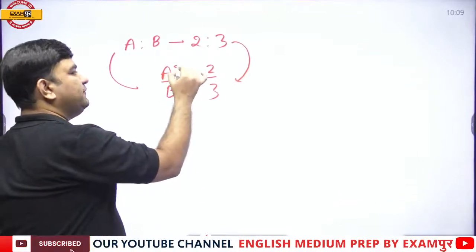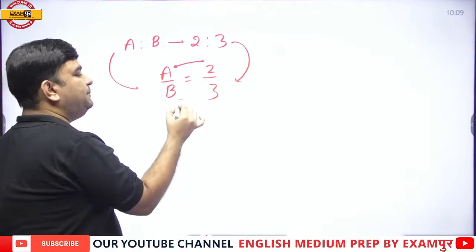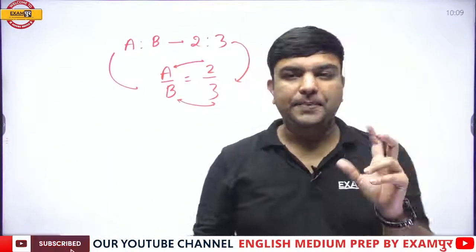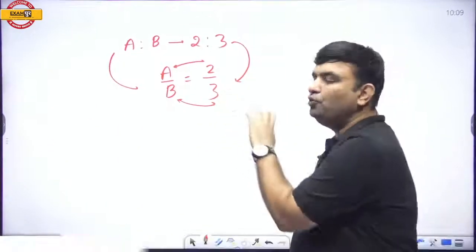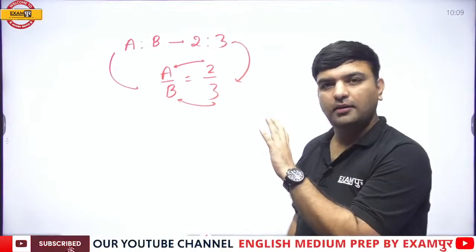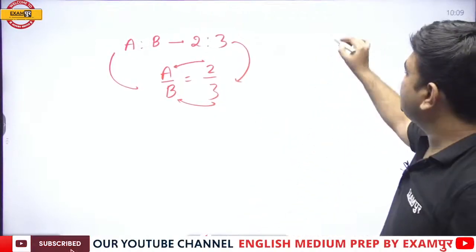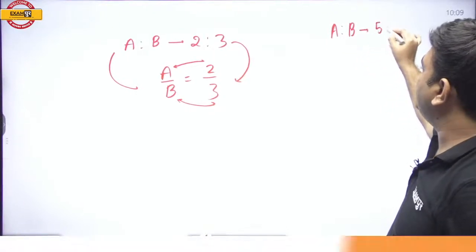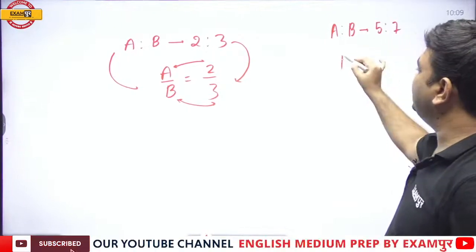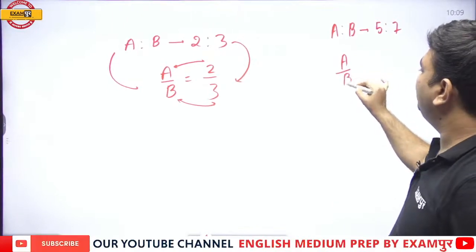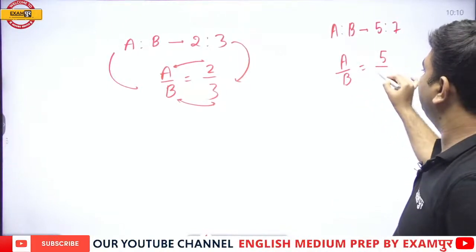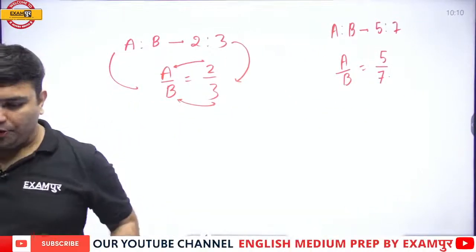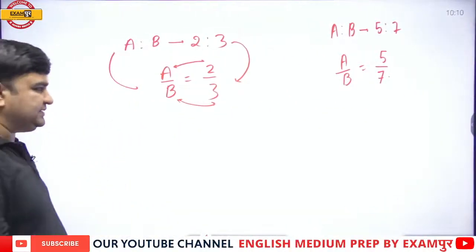That if A is 2, then B is 3. A and B are maintaining the ratio of 2:3. Similarly, if A:B is 5:7, you can write it as A/B is 5/7.